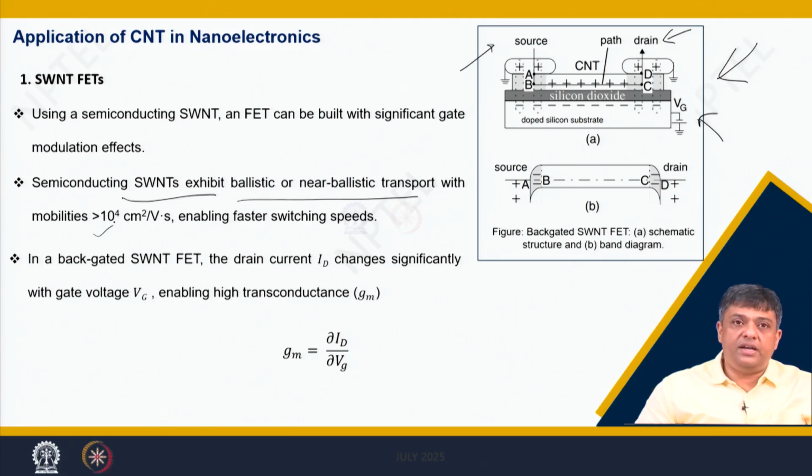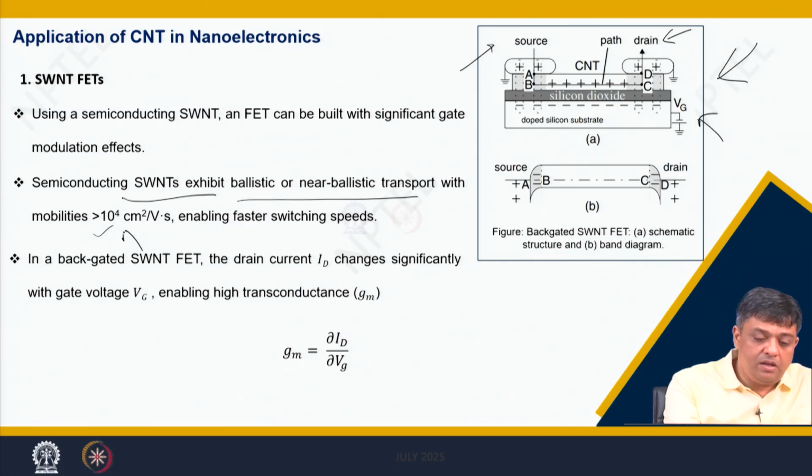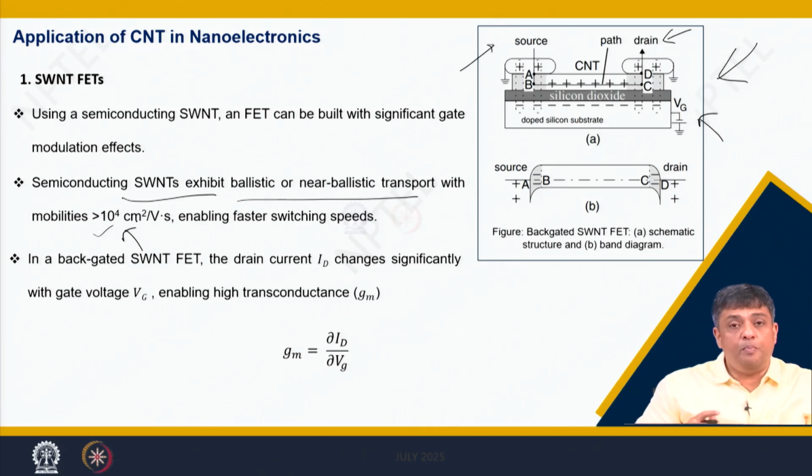Semiconducting SWNTs exhibit ballistic or near ballistic transport with very high mobilities which are mentioned here. Now, because of these high mobilities, you can achieve high and faster switching speeds.